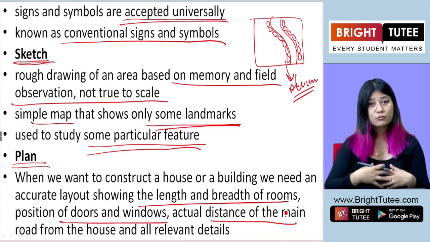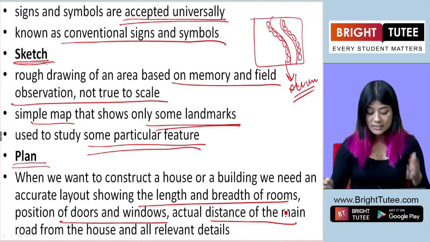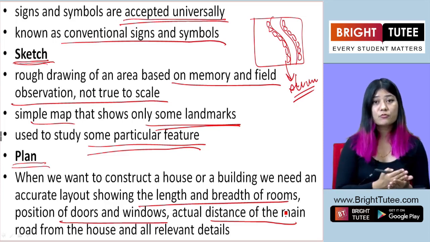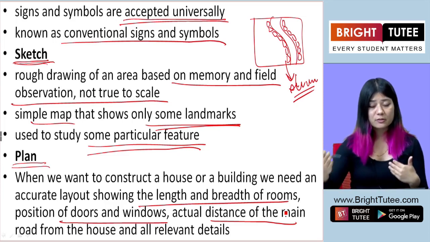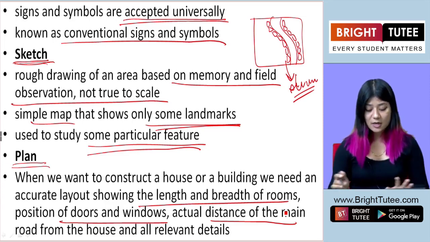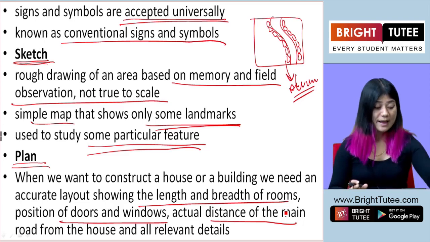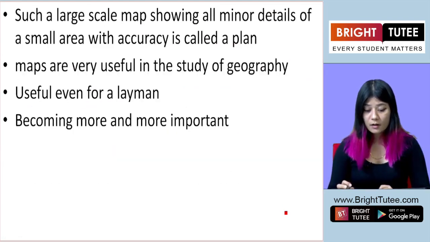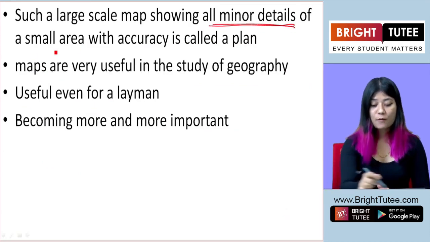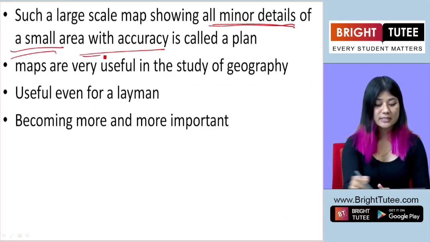the distance of the room, the distance of the main road and the house, the distance between the room and the drawing room, the bedroom and the drawing room, the distance between the main house and the park, etc. So these are called plan. Okay. Now, the plans, they show minor details of a small area with accuracy.